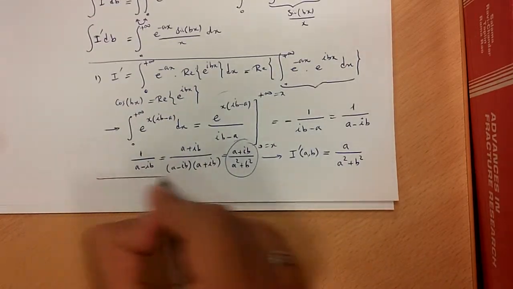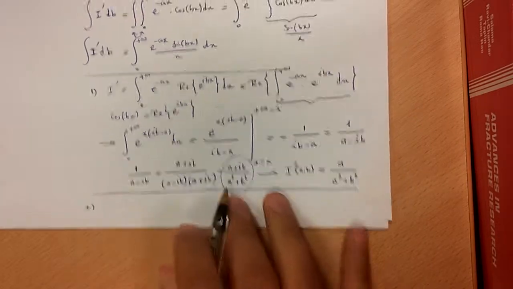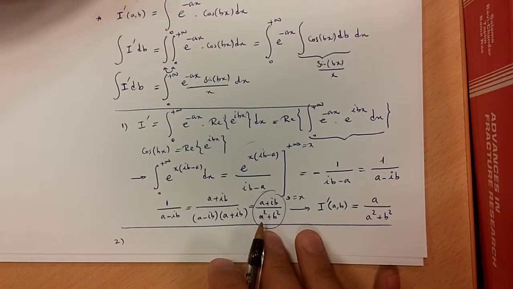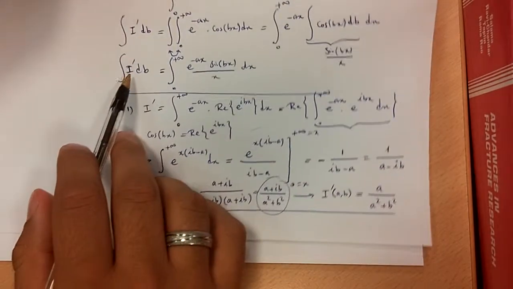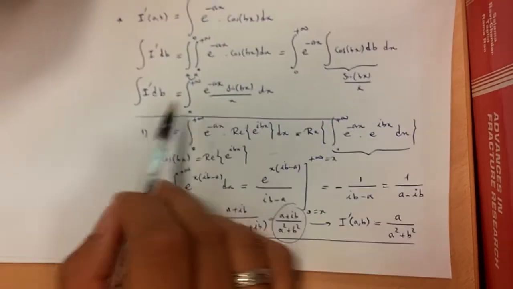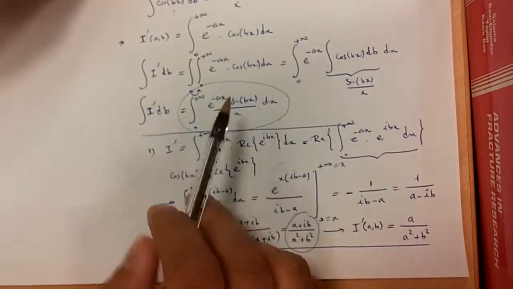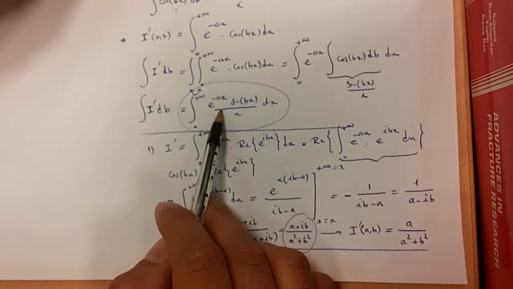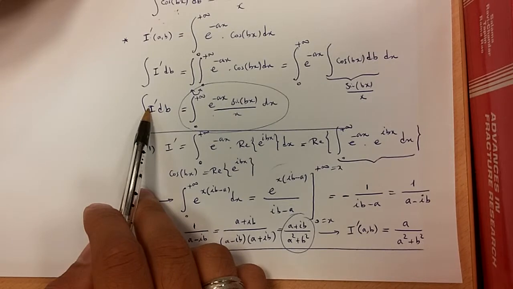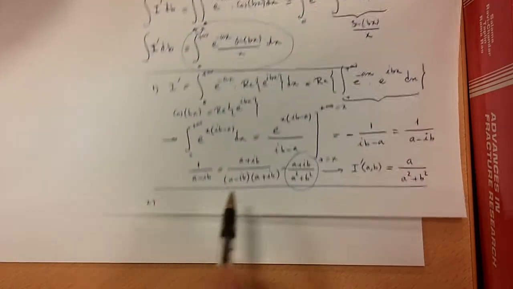The second step is to calculate the integral of I prime with respect to b, because the integral we want is exactly the integral of I prime with respect to b.